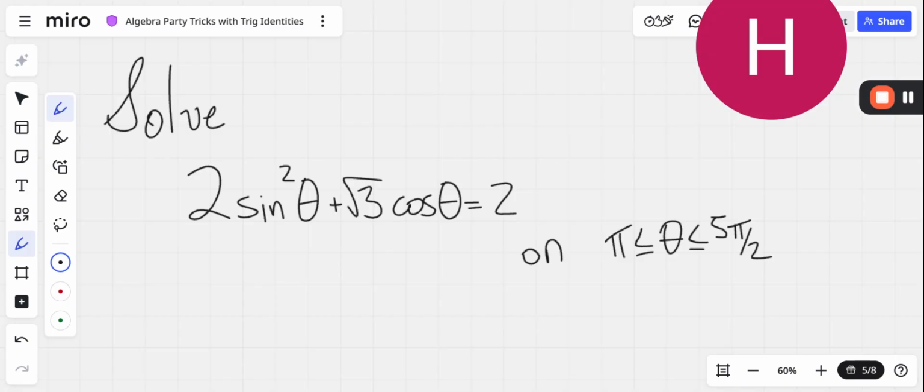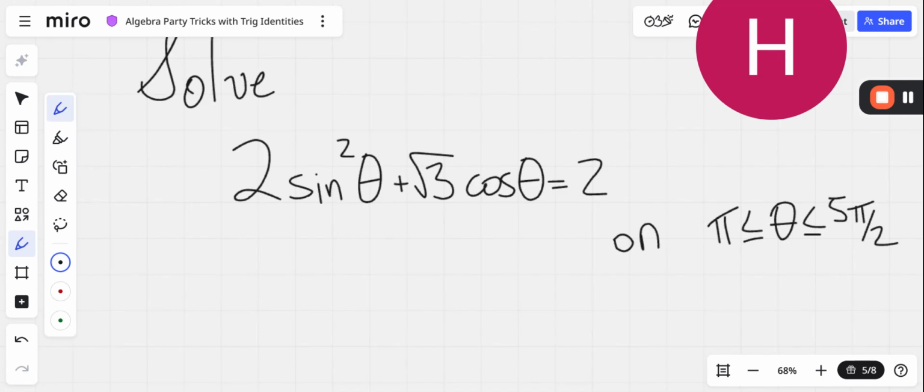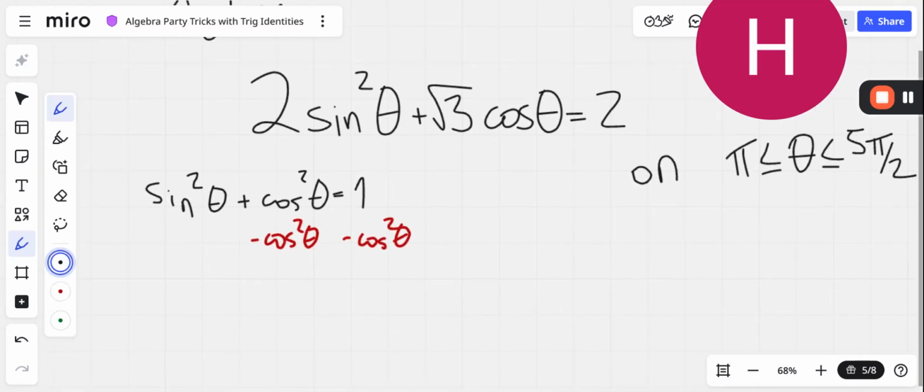Great. So to get started, we're going to use an identity. The mother identity, sine squared plus cosine squared equals 1. The way that's going to help us is that if we were to subtract cosine squared, that would leave us with an expression for just sine squared, which is going to allow us to replace sine squared with something that is involving cosines instead.